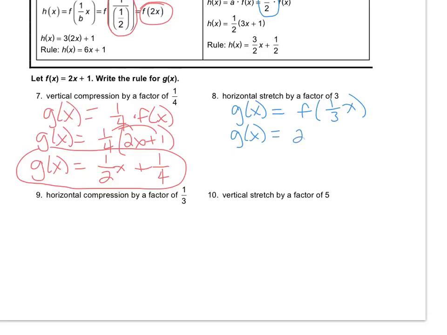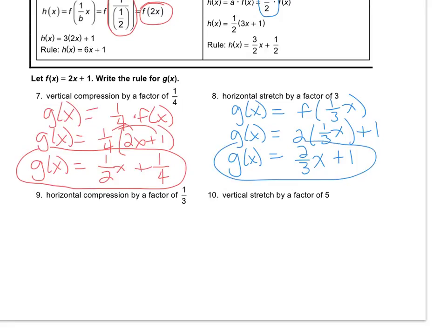So 2 times 1/3 x, close your parentheses, plus 1. When you're plugging in just a single number, you're still going to plug it in place of that x. Okay, g of x equals 2 times 1/3 is 2/3, and then plus 1. And that is our function after a horizontal stretch.